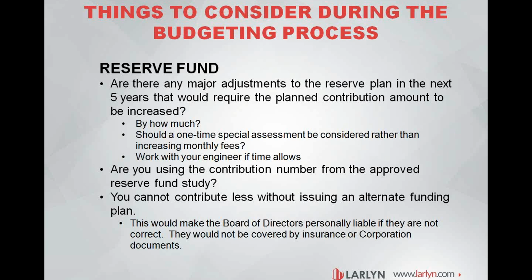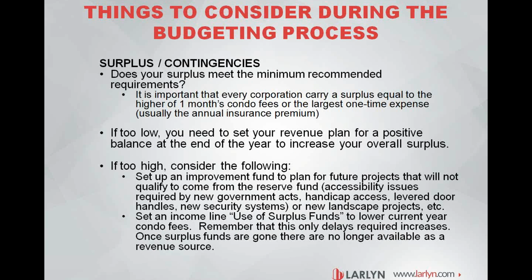Further things to consider during the budgeting process are surpluses and contingencies. So we've talked about the surplus and the need to have a surplus, or the highly suggested plan, to have a surplus that is equal to 1 month's condo fee contribution to the corporation, or the largest one-time expense to the corporation, which, as noted before, is typically the insurance.